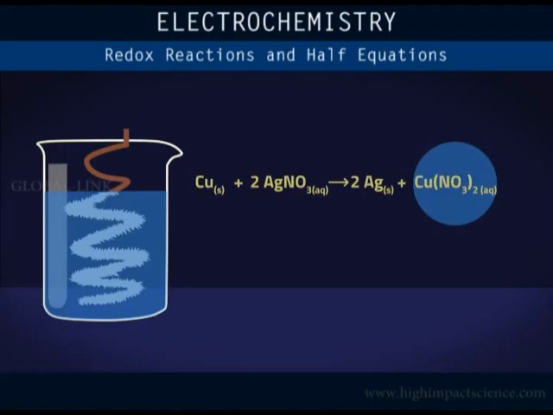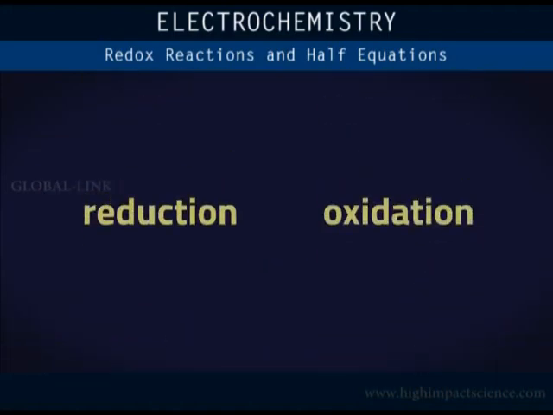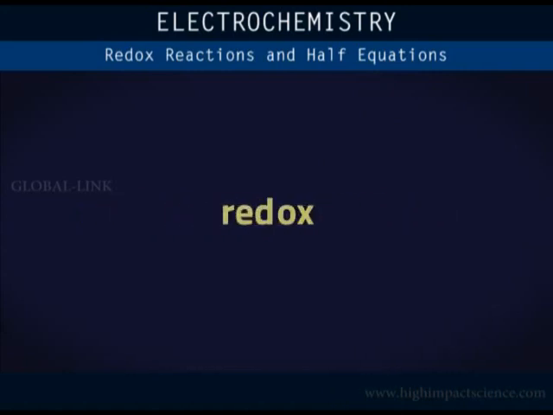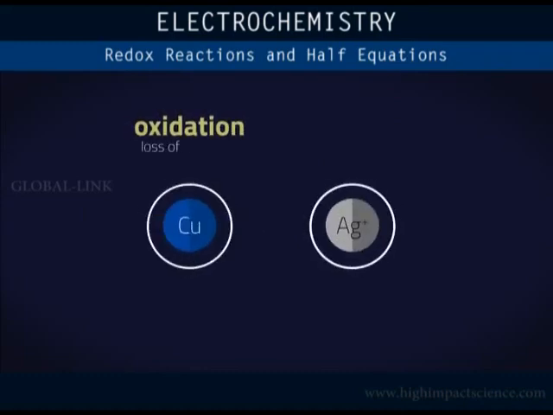This is also a redox reaction, where reduction and oxidation are occurring simultaneously, and hence the term redox. Remember, oxidation means the loss of electrons, and reduction means the gain of electrons.